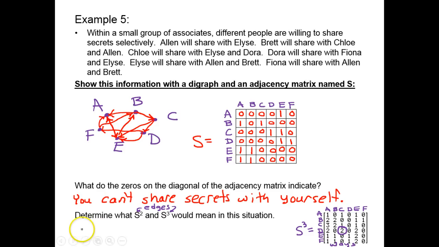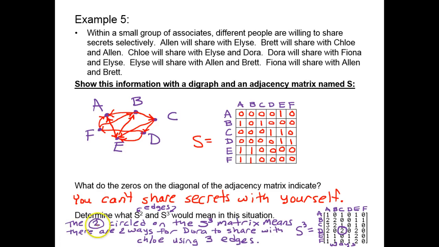Okay, so let's write that down. I squeezed that in here as best I could. The 2 circled on the S to the 3rd power matrix means there are 2 ways for Dora to share with Chloe using 3 edges. 2 ways, 3 edges. The 2 means the number of ways, the 3 means the number of edges.